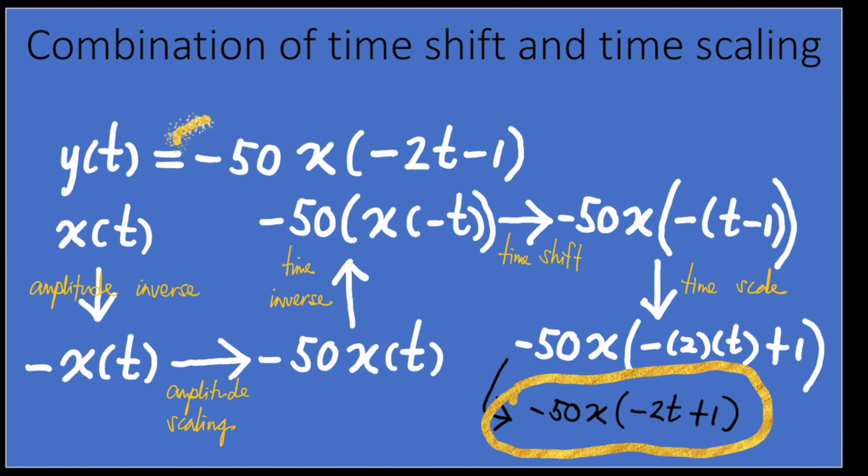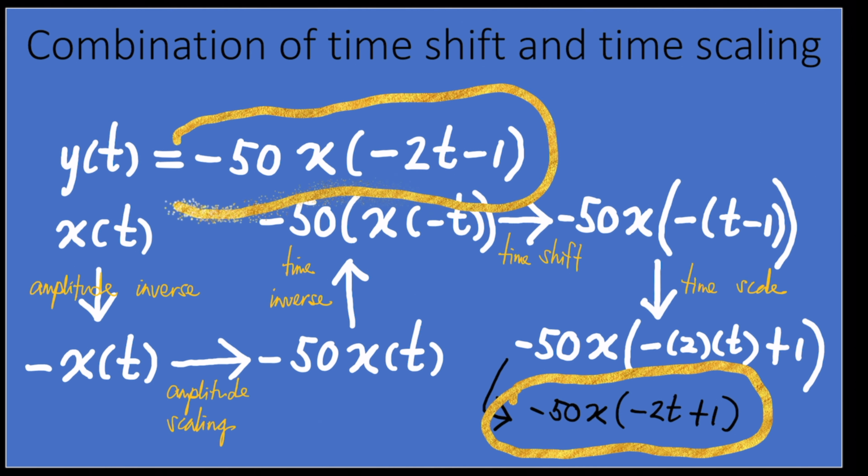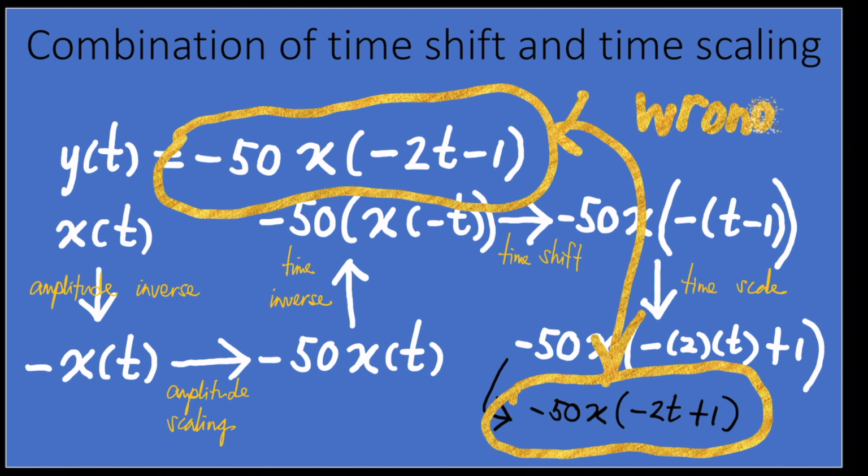The question wants us to find y(t), which is equal to minus 50 x(minus 2t minus 1). So there is a little bit of error, so we need to do one or two adjustments.